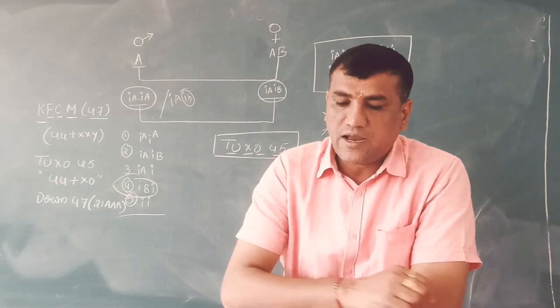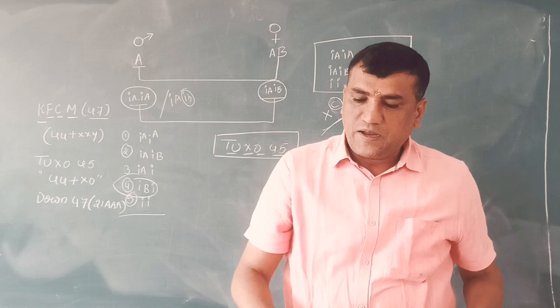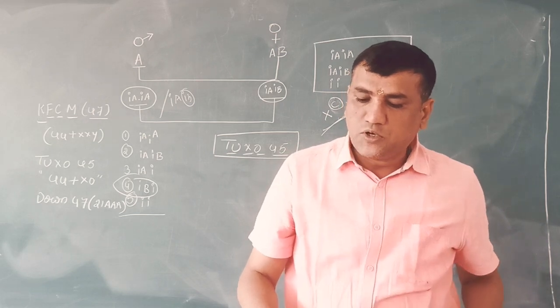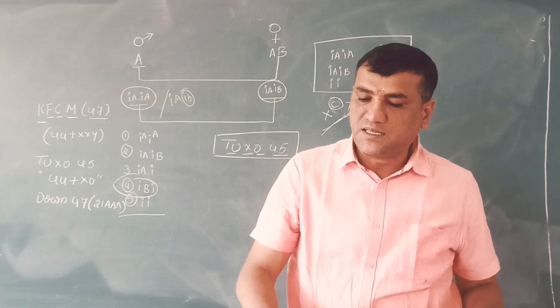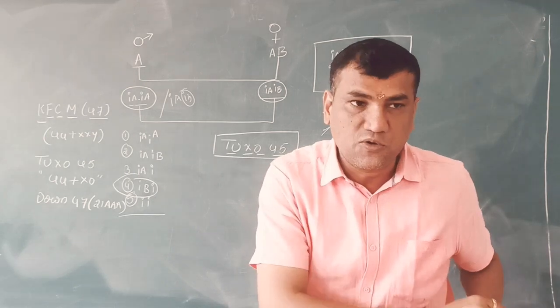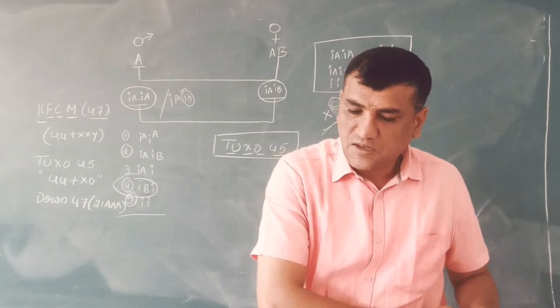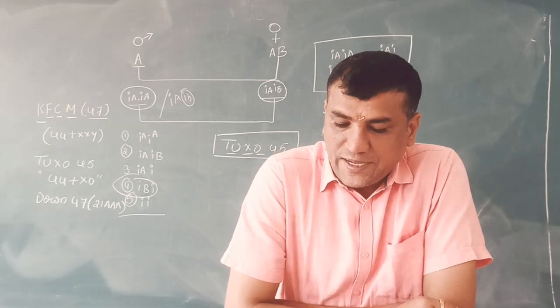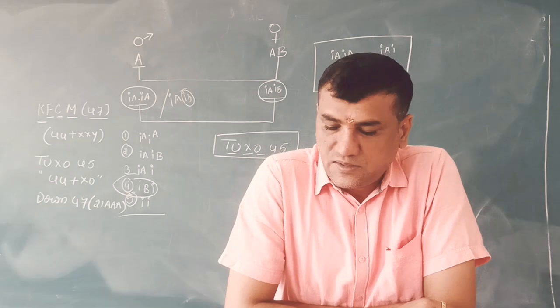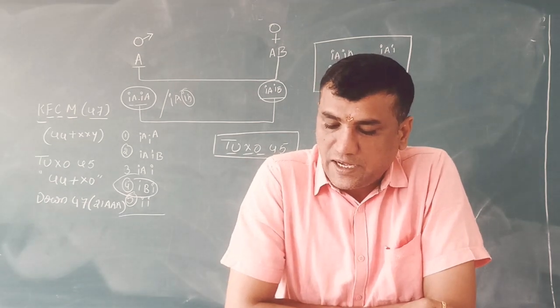Next, regarding ABO blood group, if one of the parents is homozygous and the other is heterozygous, what are the chances that they will have an O blood group? Try to understand the question. One parent is homozygous, the other parent is heterozygous.